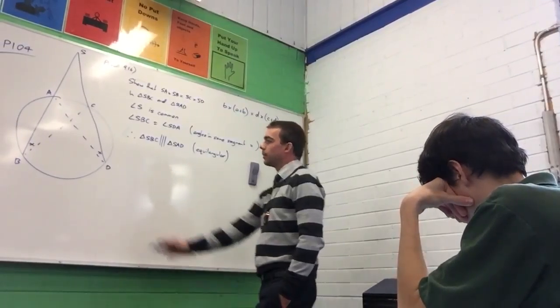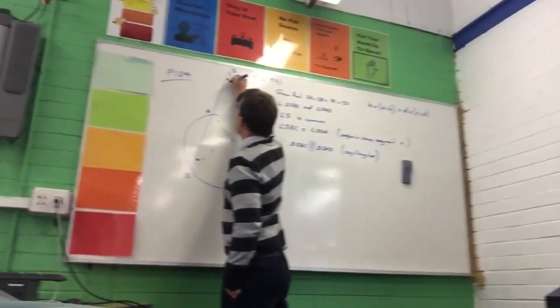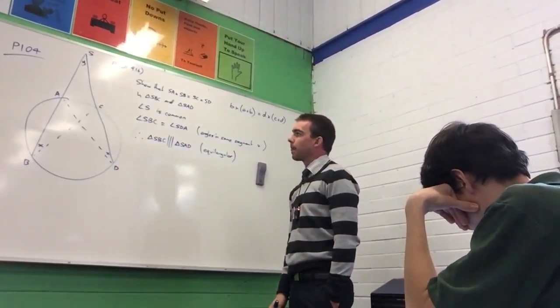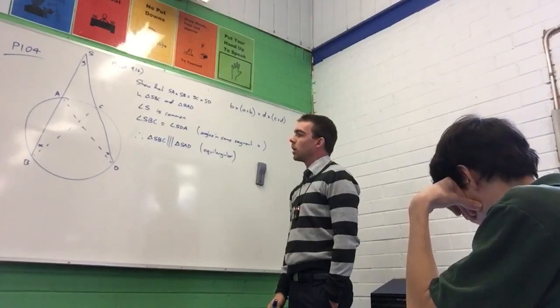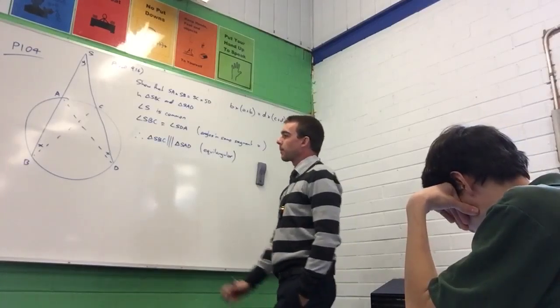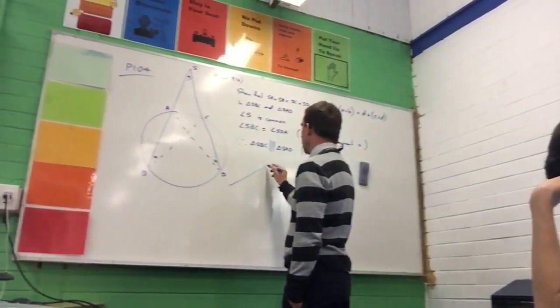Right, if I go up the top again, label it Y. It just helps me with my diagram. So I'm going to draw the two triangles again. They're going to look something like this.